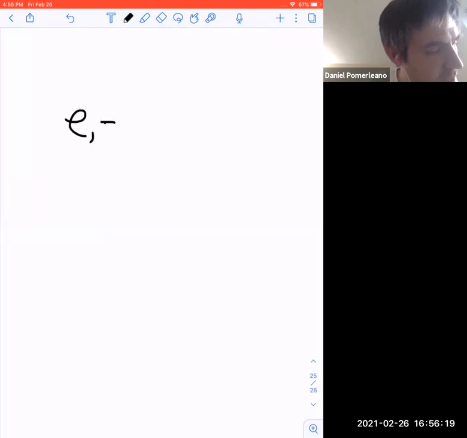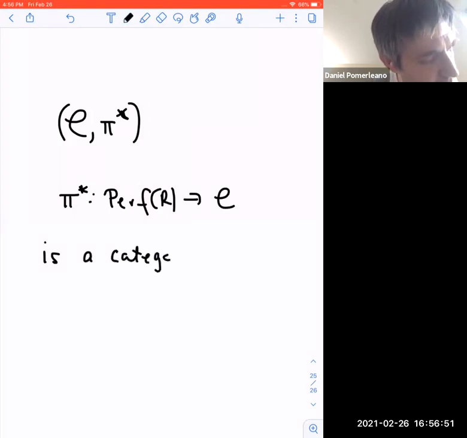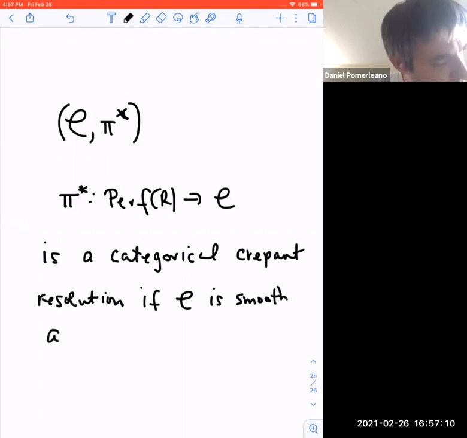So some C, with π upper star a functor from Perf of R into C, is a categorical crepant resolution if C is smooth and Calabi-Yau: smooth as a K-linear category and Calabi-Yau as an R-linear category.